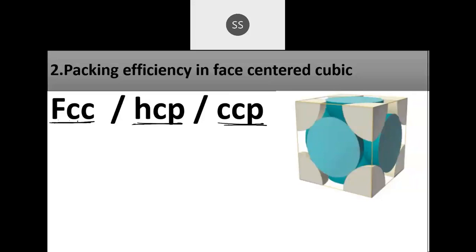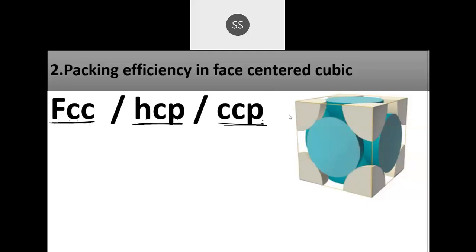FCC is face-centered unit cell, HCP is hexagonal close packing, and CCP is cubic close packing. All of these have the same arrangement, so their packing efficiency comes out as the same value. We are going to do just one calculation, but in case they ask you in the exam, remember they can ask as HCP, FCC or CCP, and all of them give the same packing efficiency.